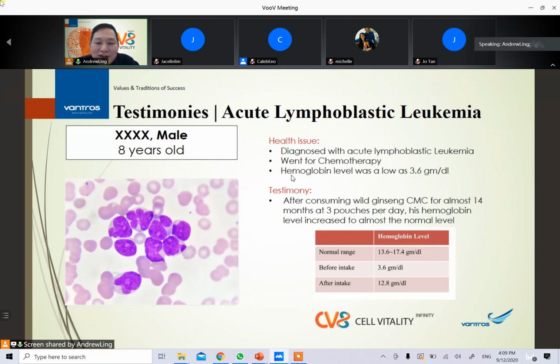At the time his hemoglobin level was only 3.6, when the normal range should be about 13.6 to 17.4. But after consuming the wild ginseng CMC for almost 14 months at 3 pouches per day, the hemoglobin level increased almost back to normal level. That shows that it does help in improving these conditions.